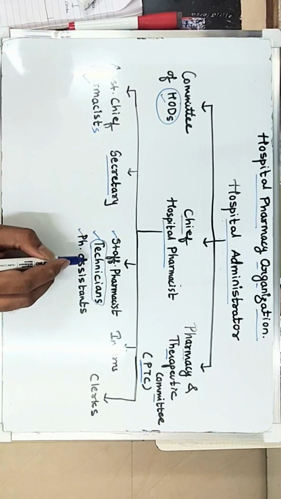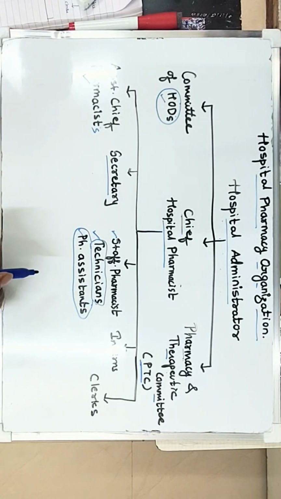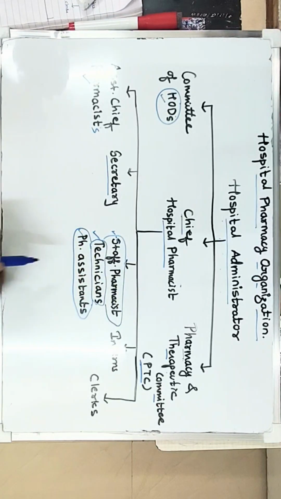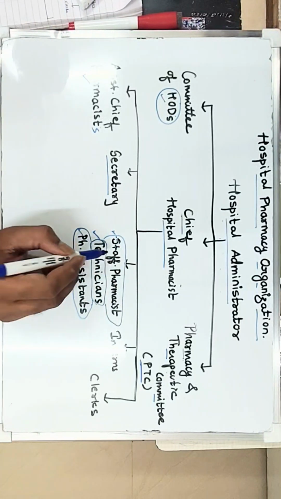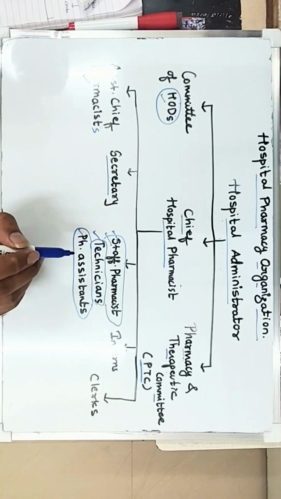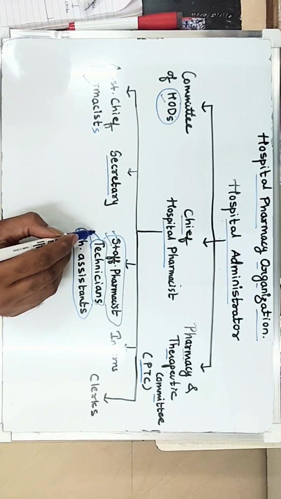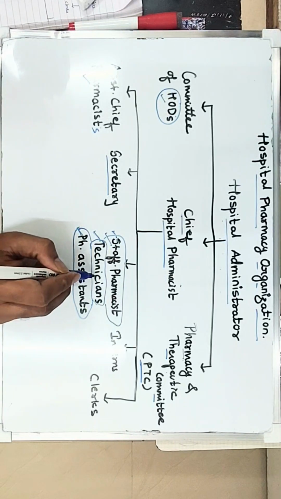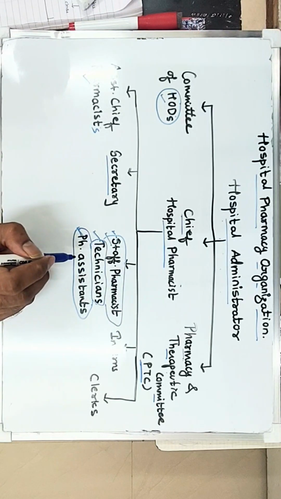Now, the people who help a technician to prepare the order are called pharmacy assistants. So likewise, there are three important persons working towards successful running of pharmacy: staff pharmacist, who is involved in providing patient counseling; pharmacy technicians, who are involved in preparing the order as per the prescription; and pharmacy assistants, who help pharmacy technicians to prepare the order.